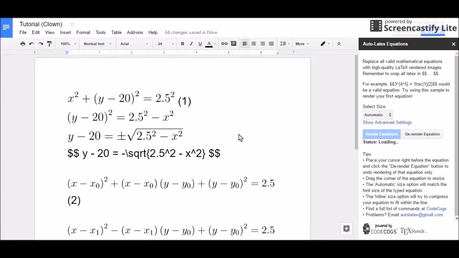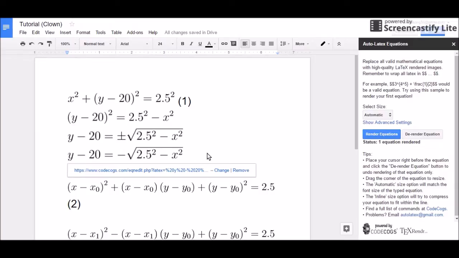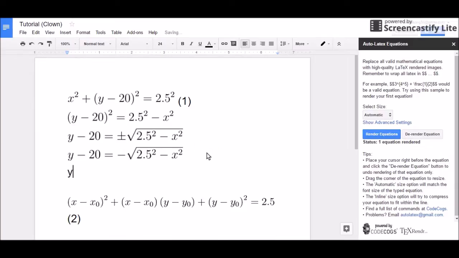And then we'll add 20 to both sides. It'll be more efficient if I just copy and paste. Let's name square root of 5 squared minus x squared plus 20.